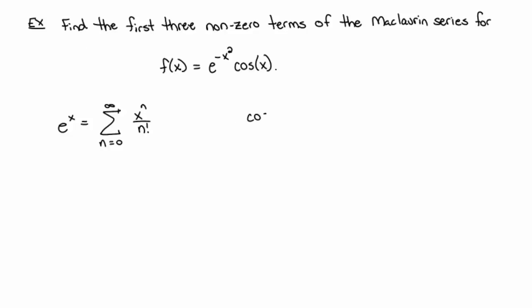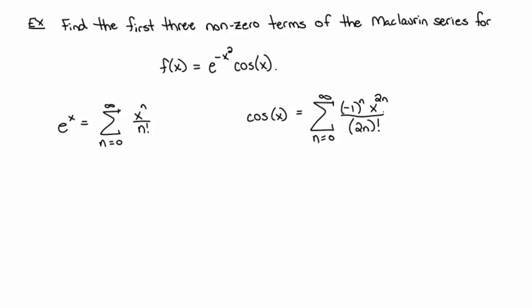And cosine of x, being the even function of the two major trig functions, is going to be the sum of even powers of x. It's an alternating series, so negative 1 to the n, x to the 2n, over the quantity 2n factorial.